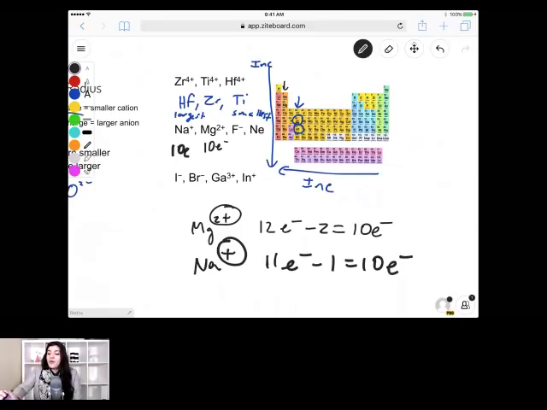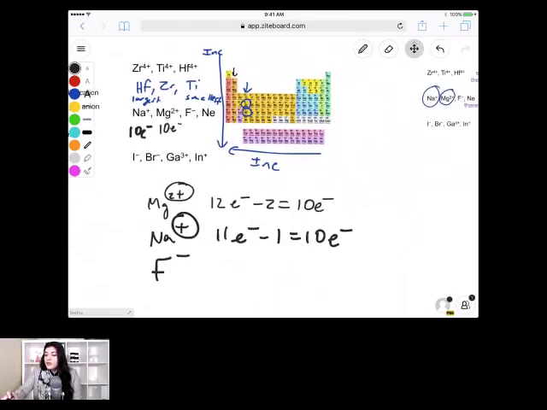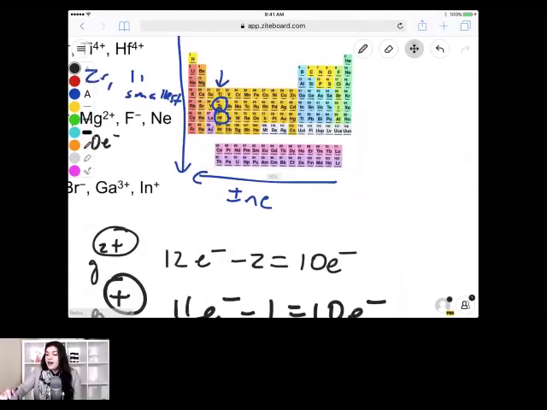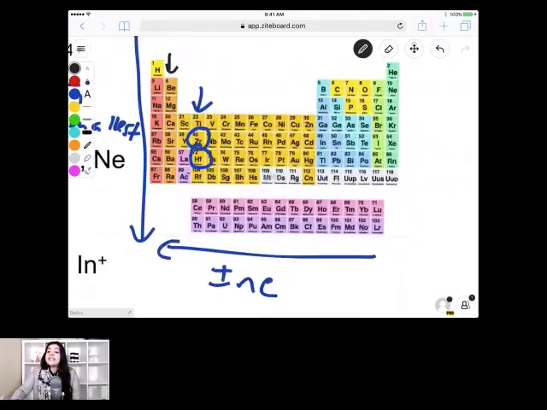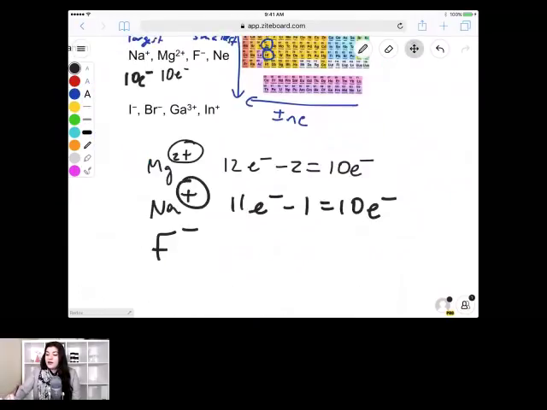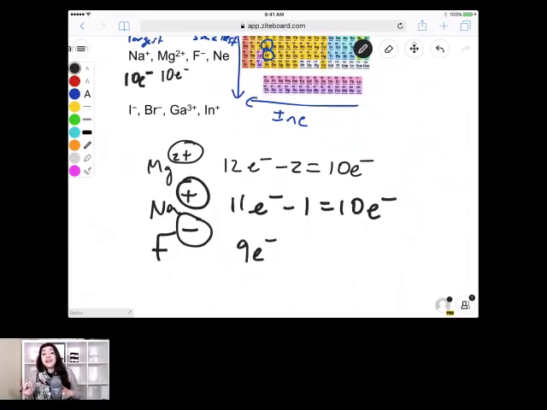Same concept for the next one. So fluorine minus, let's look at the atomic number, that gives us 9. So there are 9 electrons, and I'm going to add 1 now. Since it's a -1 charge, we're adding an electron, and that gives us a count of 10 electrons.